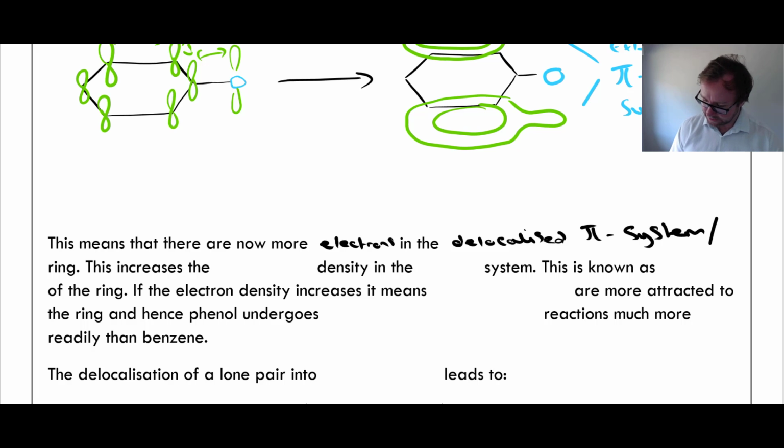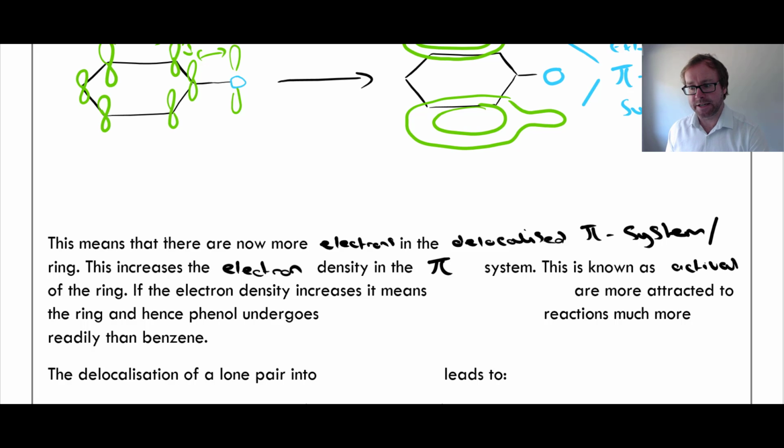This increases the electron density in the pi system, which makes sense. We've got more electrons in the system, so the electron density is increased. This is known as activating the ring. Okay, it's just a phrase you need to remember.